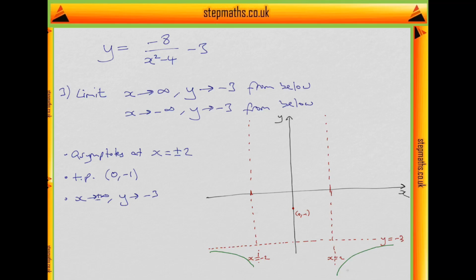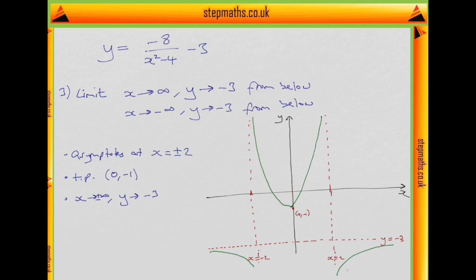Now we know the function doesn't go below this line here, as we know it's above, and there's a turning point here. So we must have the function looking like this. So as x tends towards plus or minus 2, we have this denominator tending towards 0. So you have a number divided by 0, which is essentially infinity. So the function will tend towards infinity.